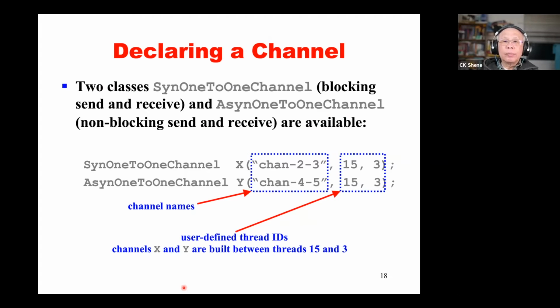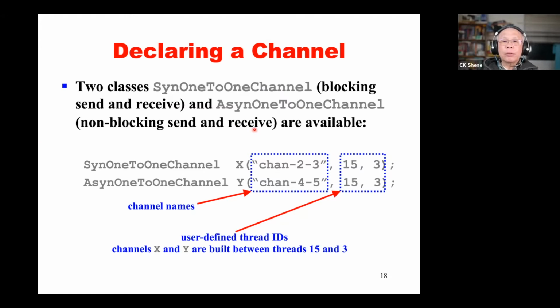ThreadMentor only provides you with two types of channels: synchronous one-to-one channel and asynchronous one-to-one channel. For synchronous one-to-one channel, it means blocking send and blocking receive. For asynchronous one-to-one channel, it's non-blocking send and non-blocking receive.